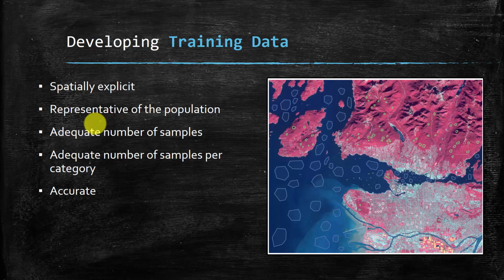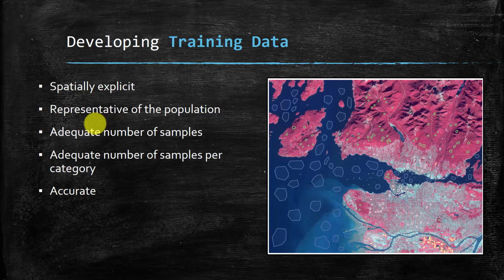So it needs to see the variability. You need to have an adequate number of samples. What that means is not always easy to fully define because there's a lot of factors that could impact that. So, for example, how complex the signature is, what algorithm is being used. My general rule of thumb is I try to collect the most training data that I can given the limitations.